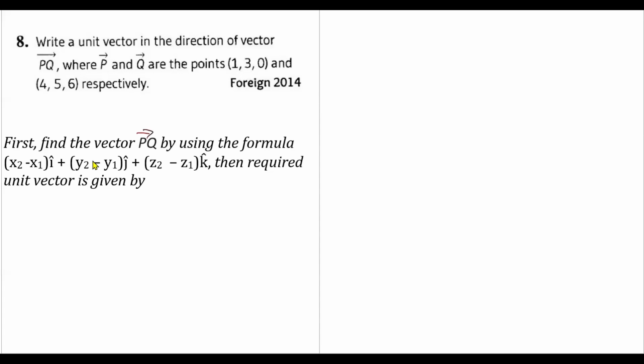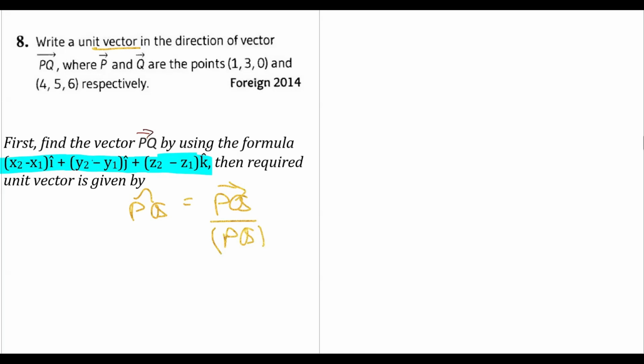We are going to use this relation, that is x2 minus x1 I plus y2 minus y1 j and z2 minus z1 k. And once we have obtained that, we are going to get the required vector, which is a unit vector, right? As you can see, we have to obtain a unit vector here. So it will be given by this formula: PQ cap will be equal to PQ vector divided by PQ magnitude. So let's do one by one.